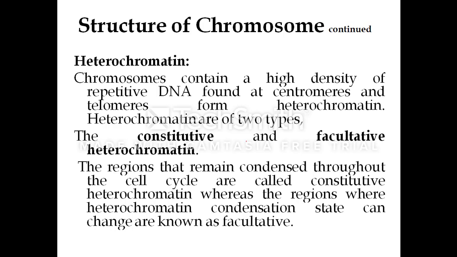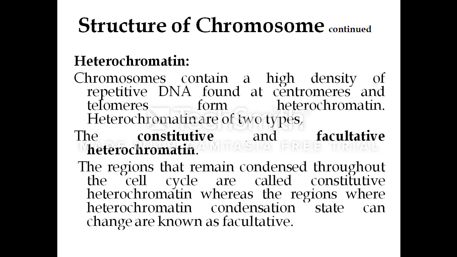Whereas the regions where the heterochromatin condensation state can be changed, so it is not permanent, it will vary depending on the stages of the cell cycle. Such heterochromatin is known as facultative heterochromatin.